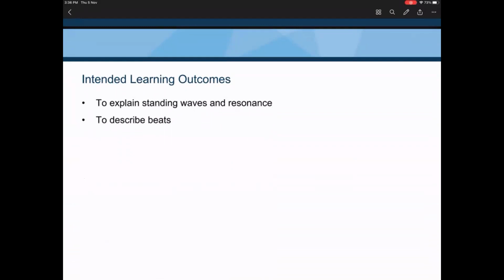And secondly, we would describe a very interesting phenomenon called beats. It occurs when you have the superposition of two sound waves that have slightly different frequencies.